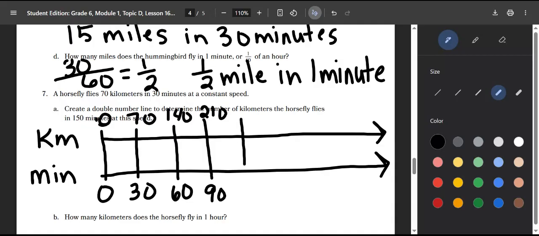And then 70 times 4, 280. And then 30 times 4 is 120.